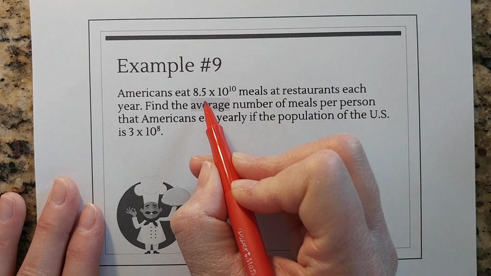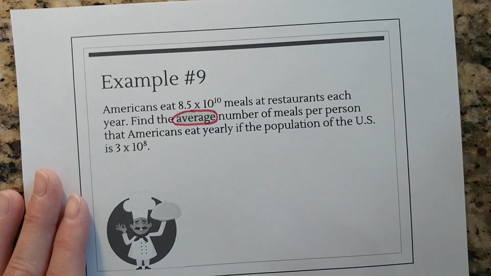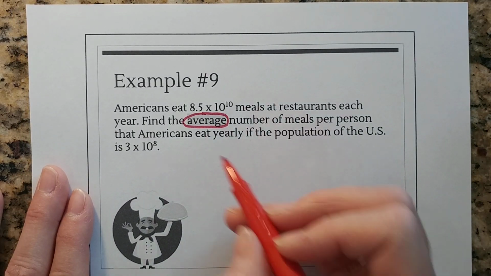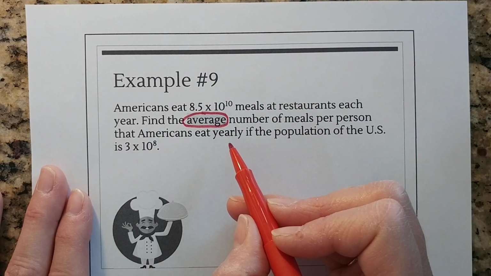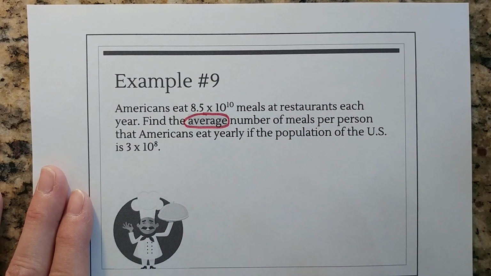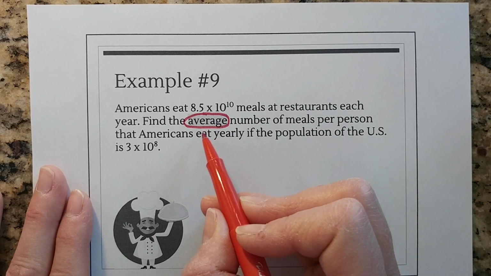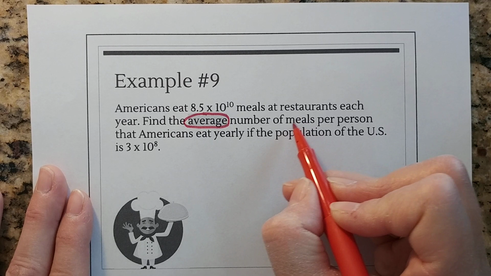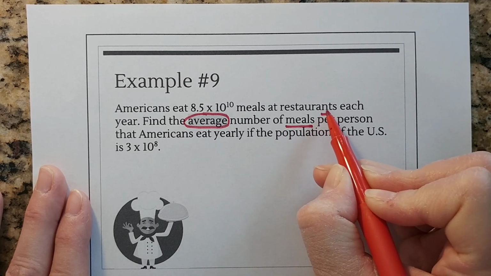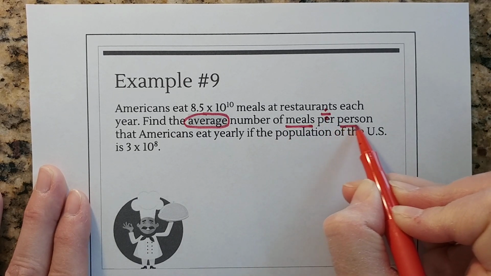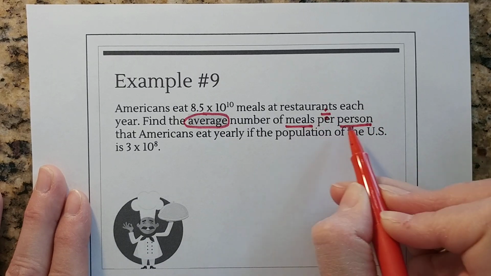Well, we got to think about average here. Do you remember when you find the average, you add up all of the data and then you divide it by how many people there are. So in order to find the average, I'd want to add up all of the meals that Americans eat, and then I want to divide it by the number of people. Meals per person.